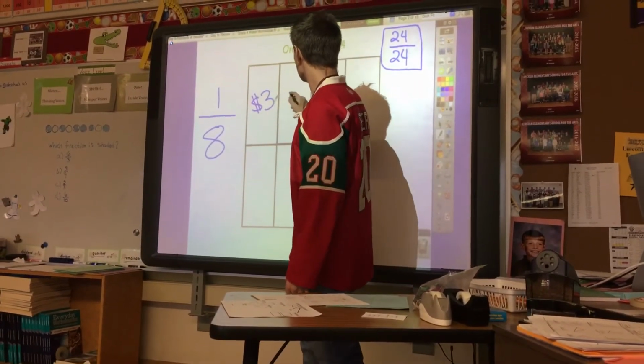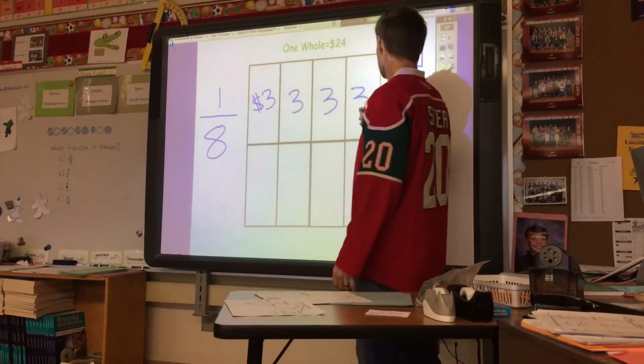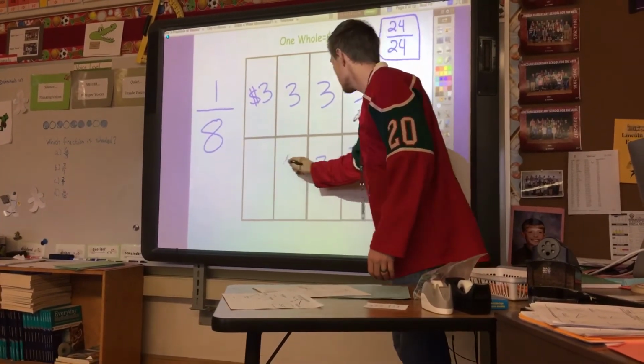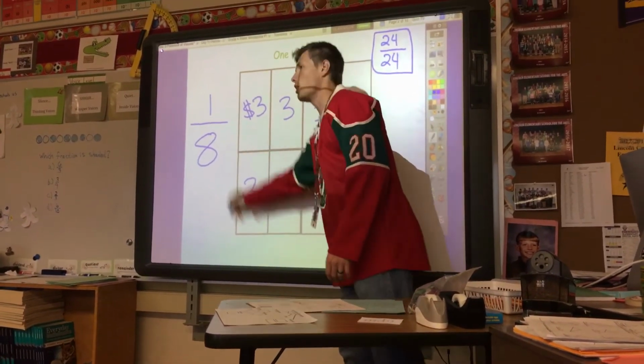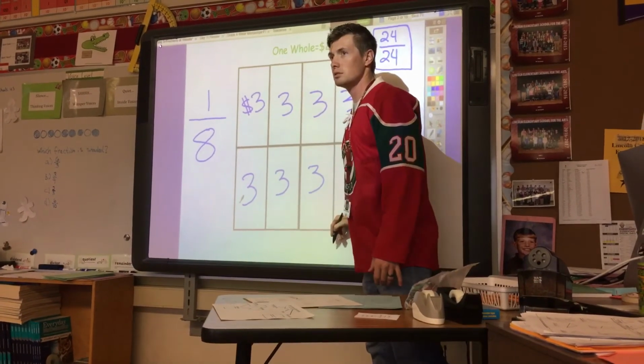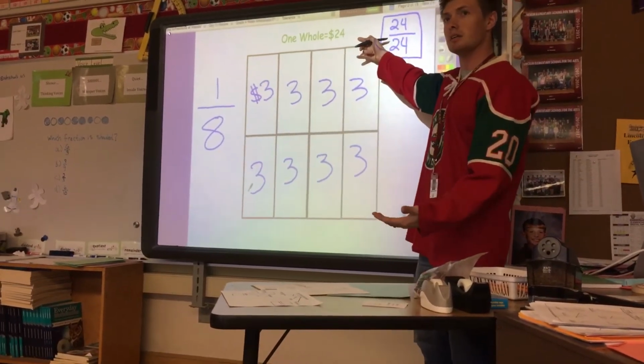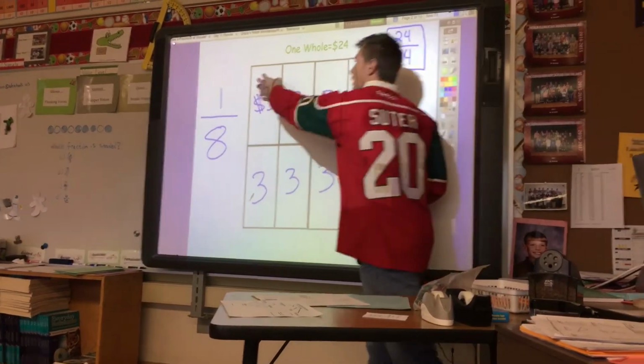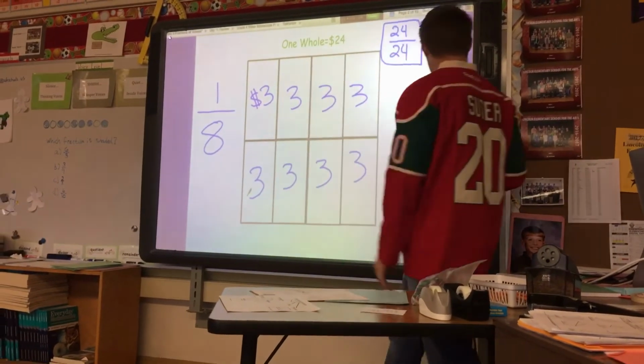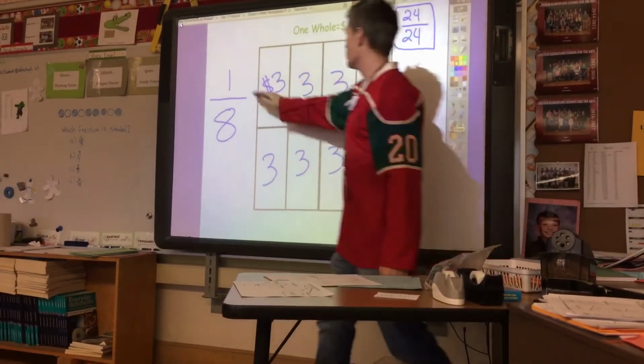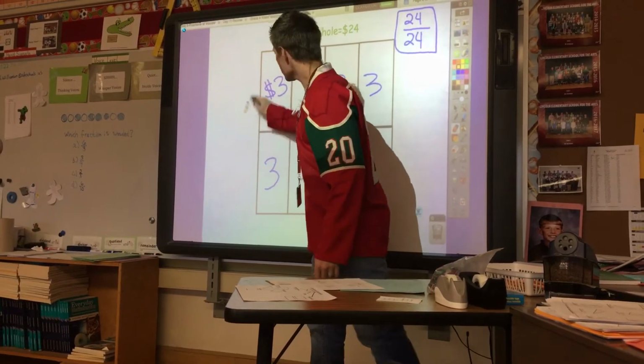This is 3, 3, 3, 3, 3, 3, 3, 3. And what should this all add up to? 24. $24. So now, if I know 1/8 is 3, the question I'm going to ask is not what 1/8 is.